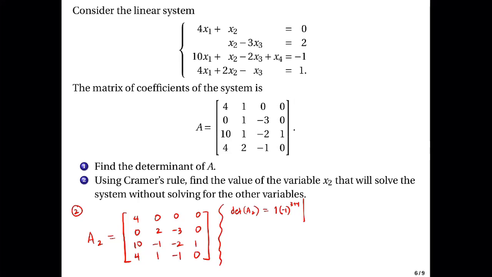Again, I am expanding along this column, and I am at this entry. So this row here is deleted and also this column here is deleted.